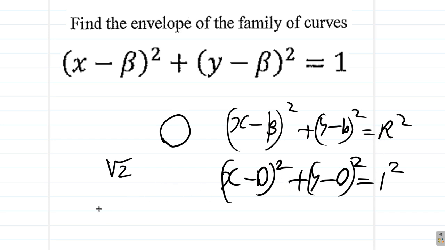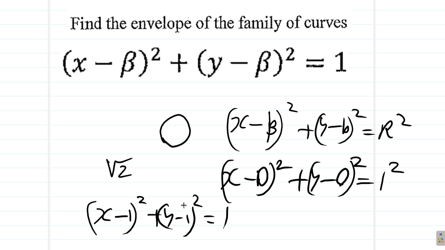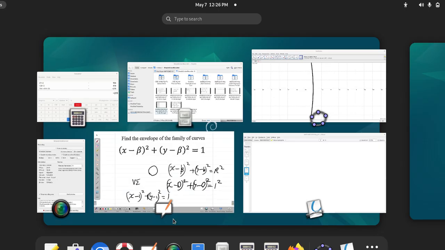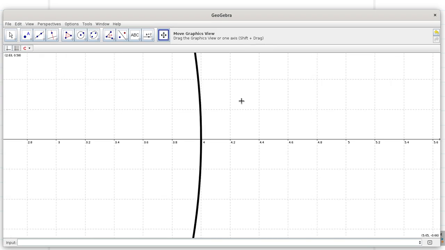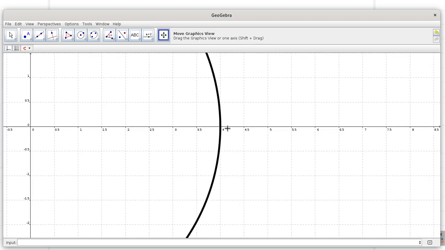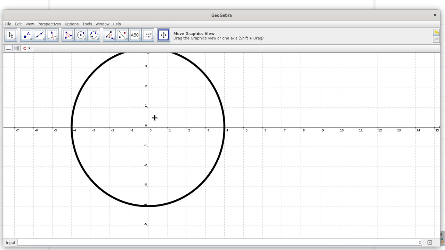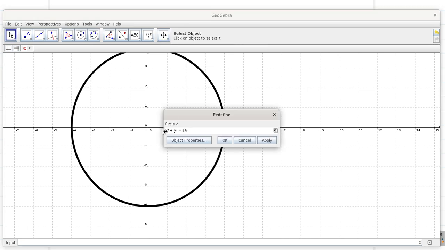Now, suppose I make it (x minus 1) squared plus (y minus 1) squared equals 1. Alright. Before I do it, I can assure you that it's going to move 1 unit to the left and 1 down. So let me make that adjustment.